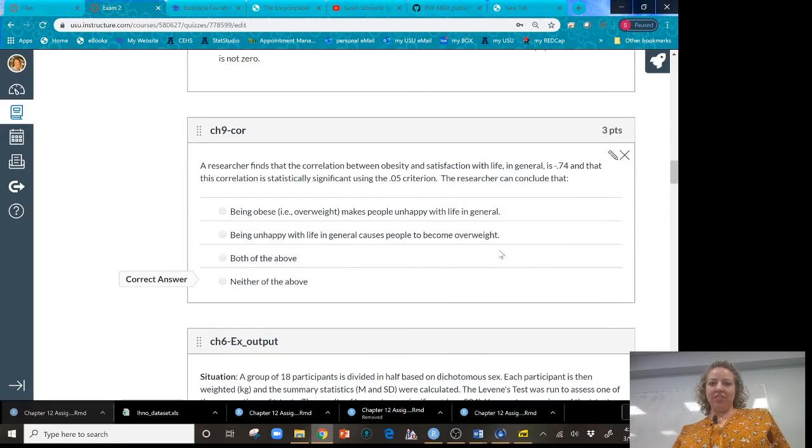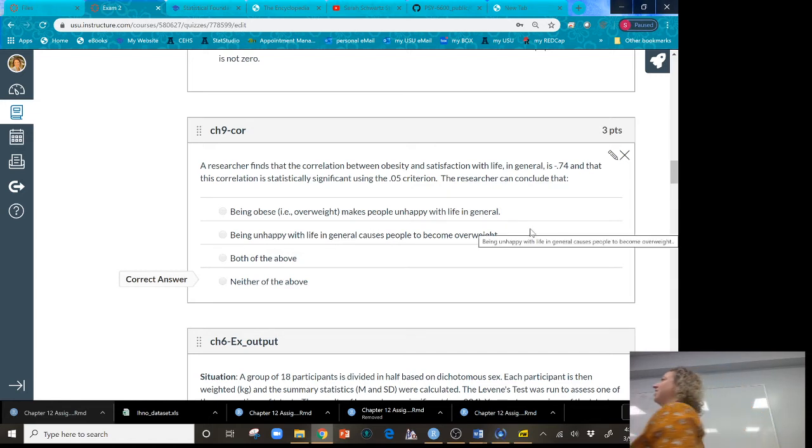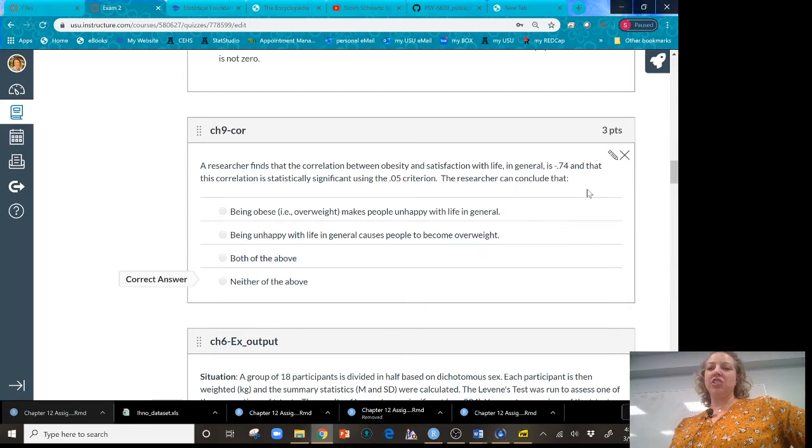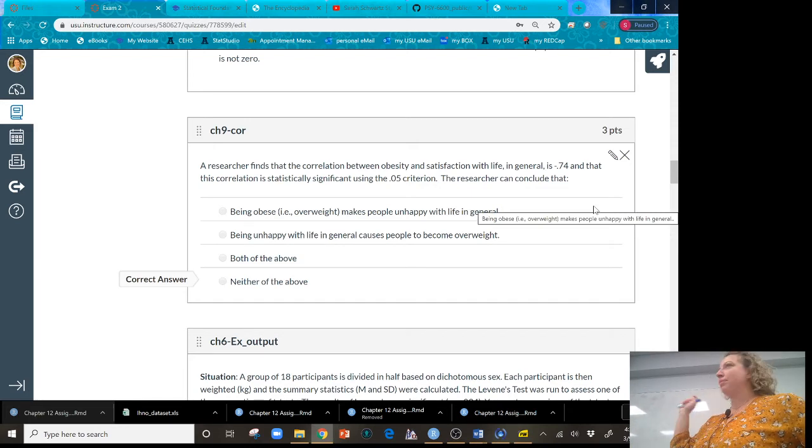Okay, a researcher finds the correlation between obesity and satisfaction with life in general is negative 0.74, and that this correlation is statistically significant. Why can we not conclude either of those things? Well, we don't know anything about the study, how they did it, so we don't know if it was causation. Why can't we? Both of those first 2 statements imply causation. What's in the first option?